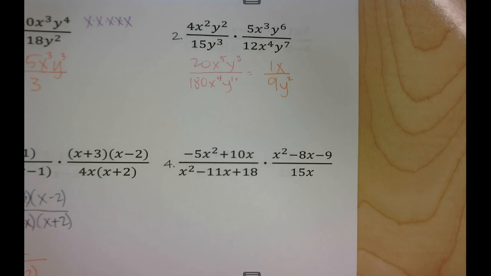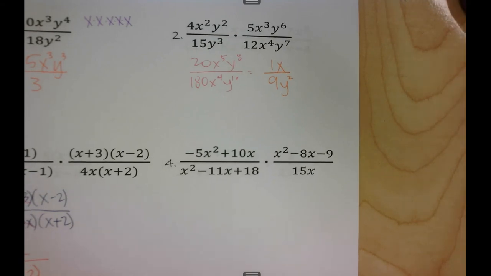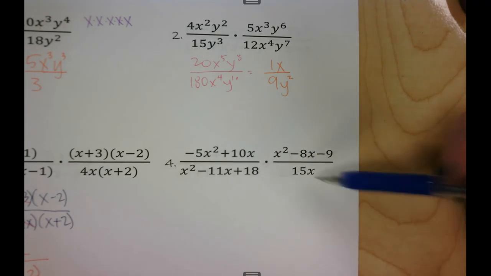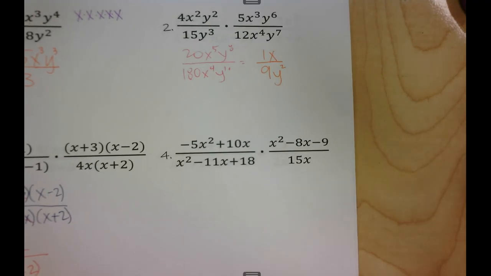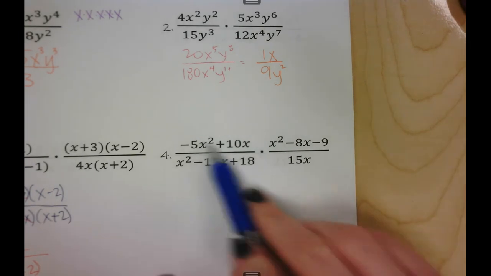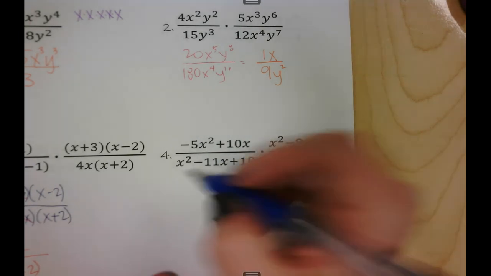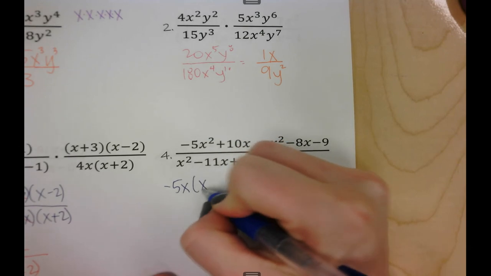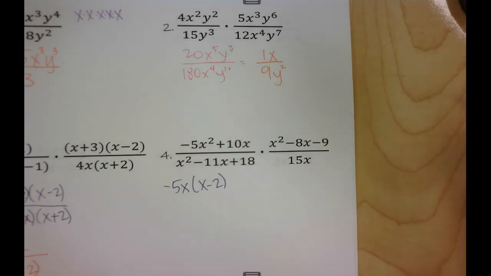Number 4. This is the most challenging one because none of it is factored for you. So you need to factor the top here, factor the bottom here, factor this one, and this one clearly is not factorable. So if we factor out our greatest common factor here, I got negative 5x times x minus 2.